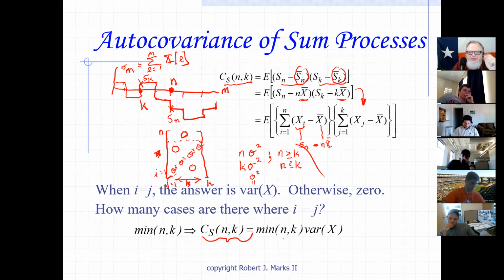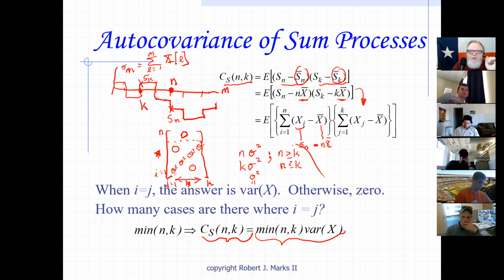It's either equal to n times the variance of x or k times the variance of x, but it depends whether n or k is larger. So we can put this together and write this as the minimum of n and k. We choose whichever one is smaller, and we multiply that by the variance of x.